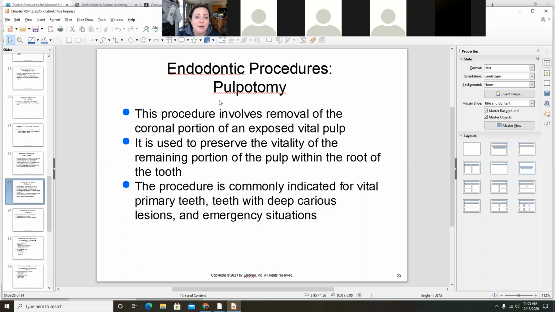So a lot of times there isn't a whole lot of pulp in there anyway. Okay, so they're already being resorbed by the secondary teeth or the permanent teeth that are coming up. So if you remove that big portion of pulp from the top of the tooth or the crown of the tooth, a lot of times that fixes the problem until that tooth comes out. Okay.